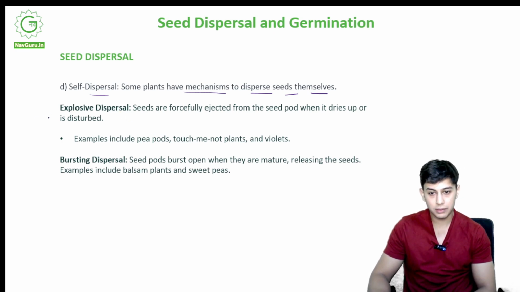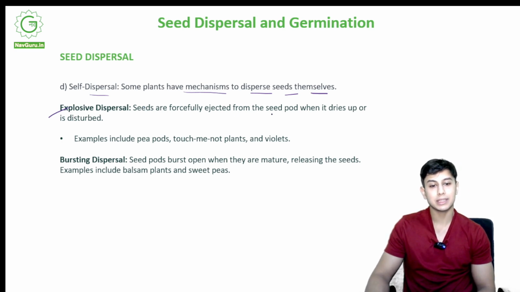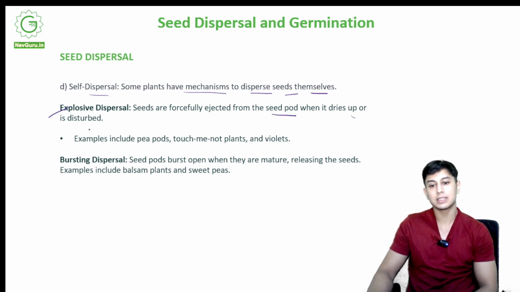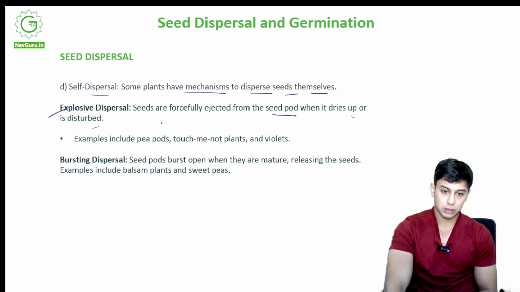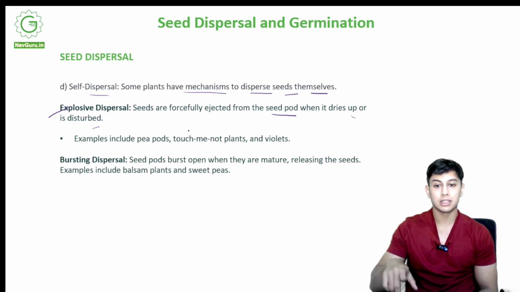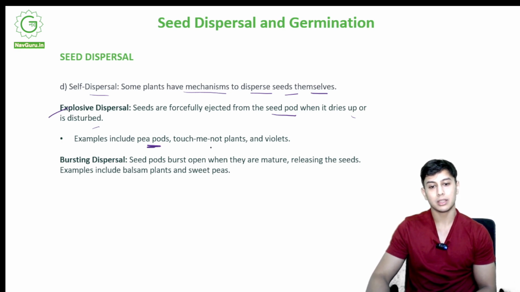I will do it myself. That is explosive dispersal. Seeds are forcefully ejected from the seed pod when it dries up or is disturbed. So some plants have seed pods. Okay, what are seed pods? When they dry up or when they are disturbed, the seeds will be released. Examples include pea pods, touch-me-not plants, violets.